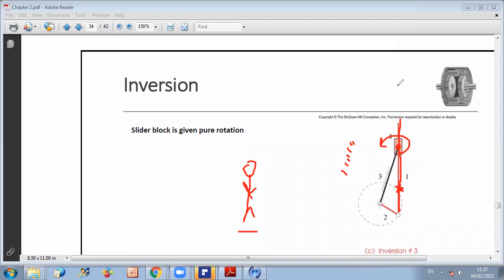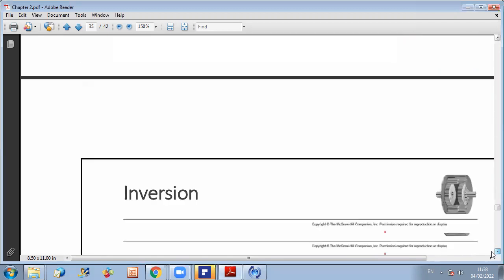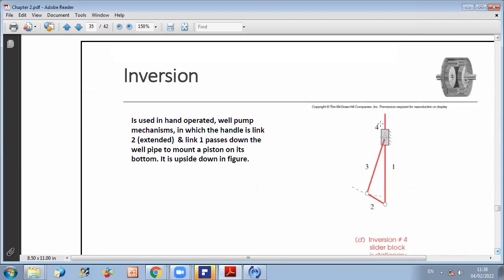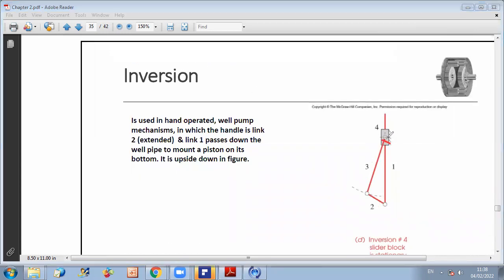So until now, the 3 inversions allow us to get distinct types of motion. Now, another possible inversion is to fix the block, and of course this is different from all types of motion we have seen before, because when I fix the block it will be stationary. It will not have any motion.